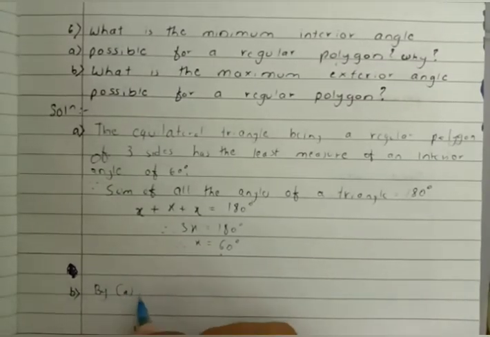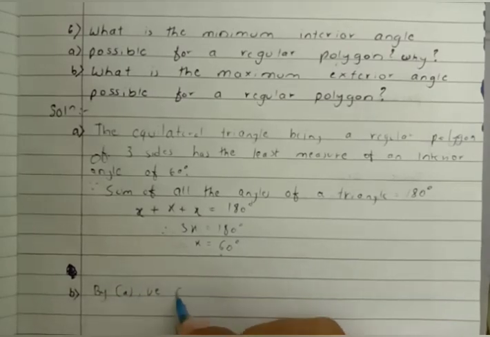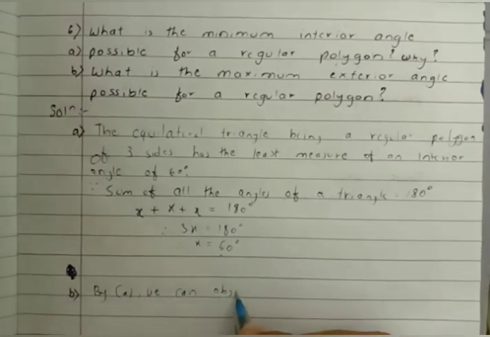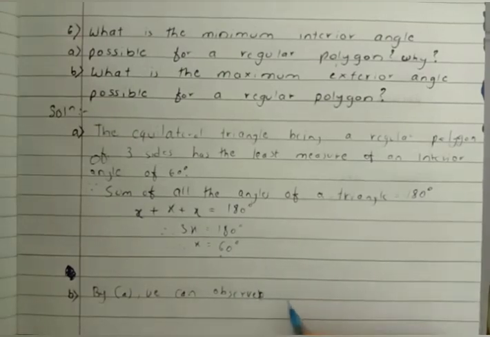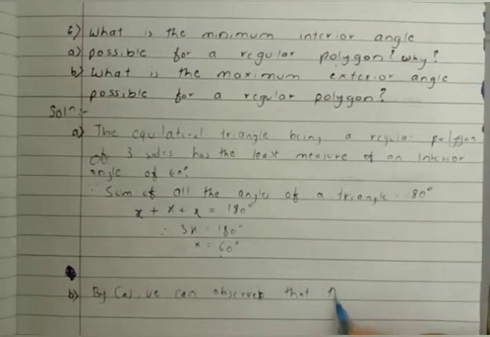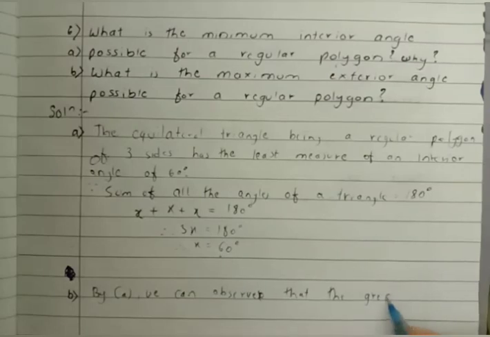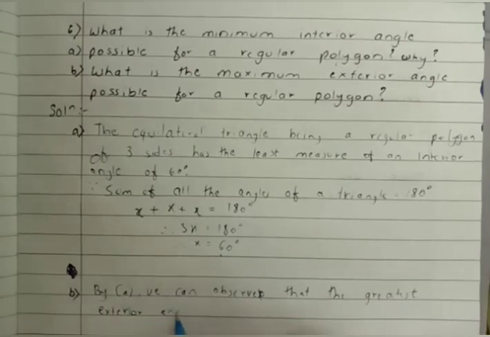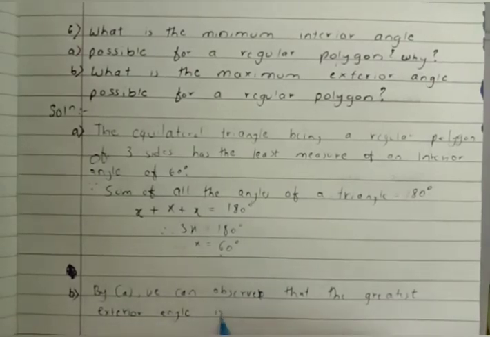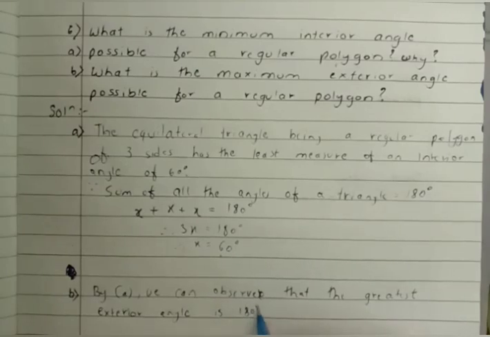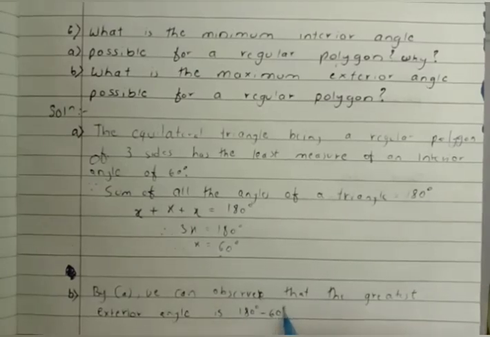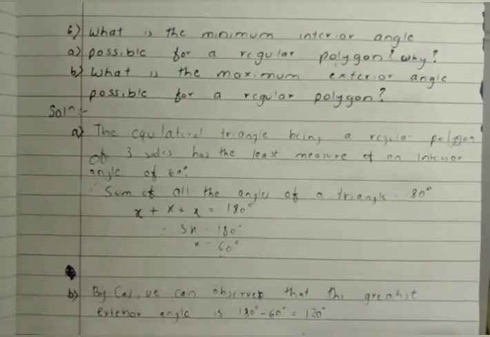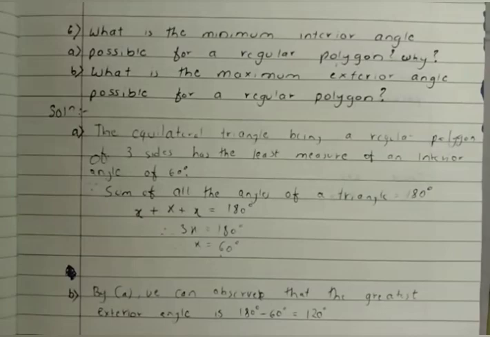By A, we can observe that the greatest exterior angle is 180 degrees minus 60 degrees. If you subtract, you will get 120 degrees, right?